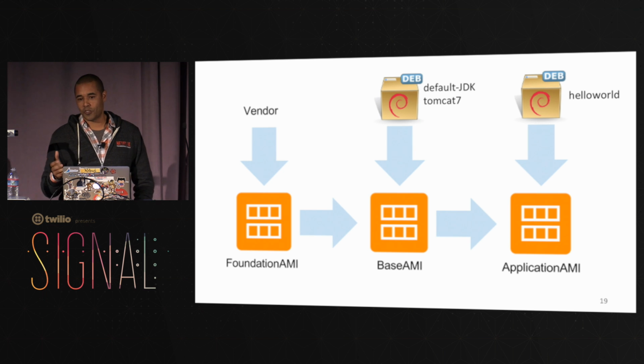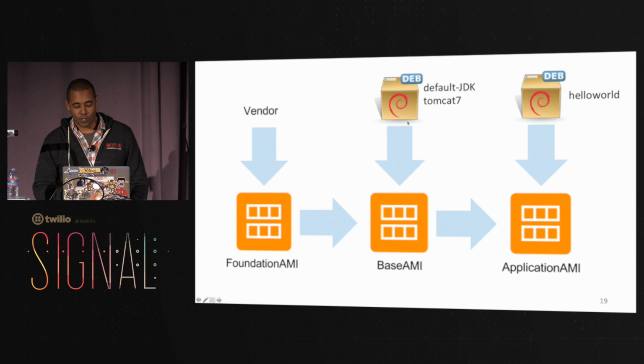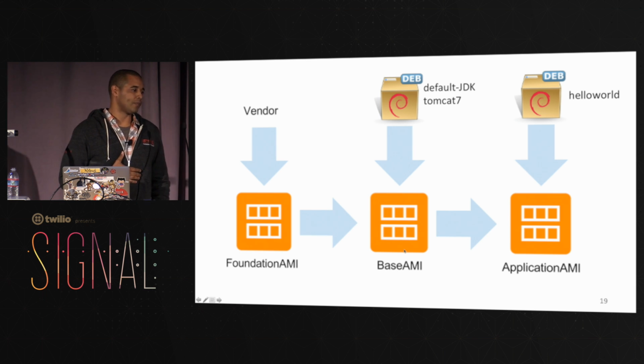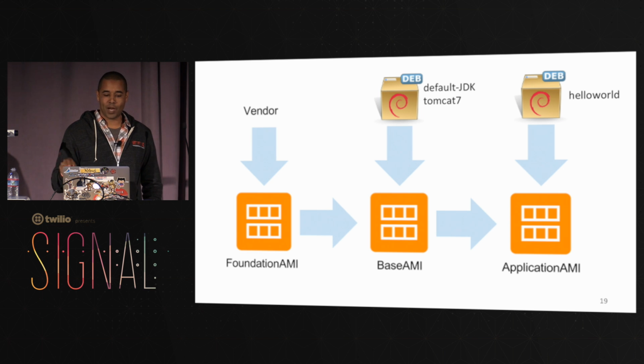So here we're just saying, just install default JDK and Tomcat 7. So this pipeline right here will then create a base AMI. When I want to deploy my application, I'm going to take my AMI up here, which is the Hello World one, and I'm going to then map it to the base AMI, and that's going to create my application-specific AMI.